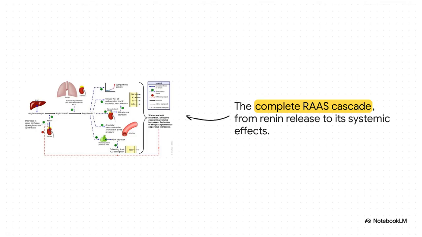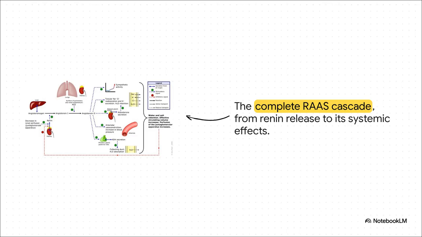Then, when the kidney senses a problem, say low blood pressure, it releases an enzyme called renin. Renin's job is to cut angiotensinogen, turning it into angiotensin I. As angiotensin I circulates through the lungs, an enzyme on the surface of the lungs' blood vessels, called angiotensin-converting enzyme, or ACE, converts it into the superactive angiotensin II.